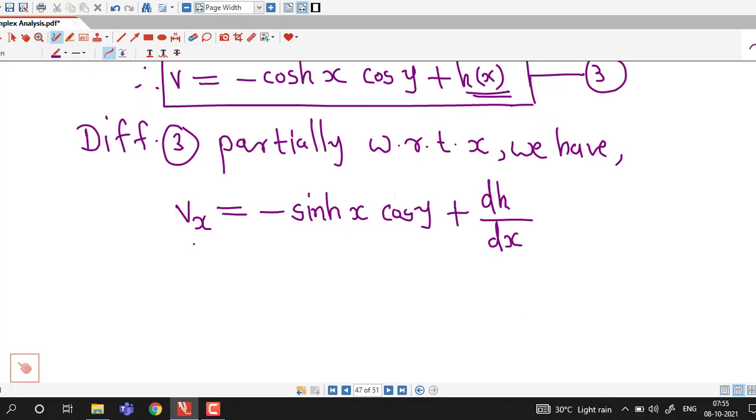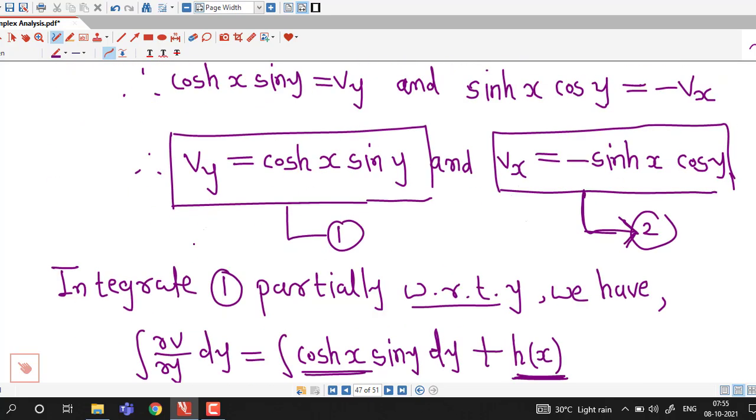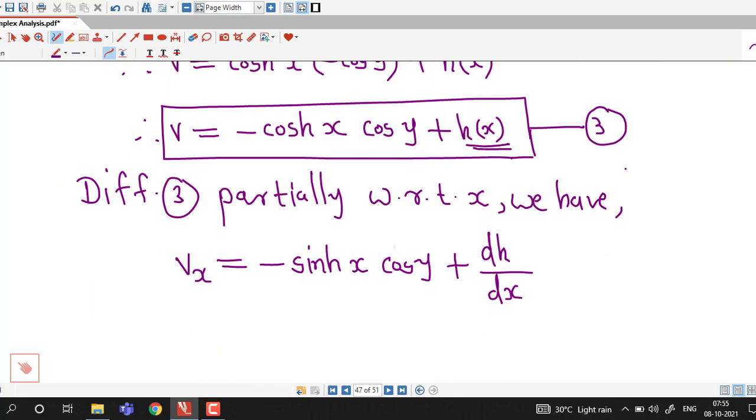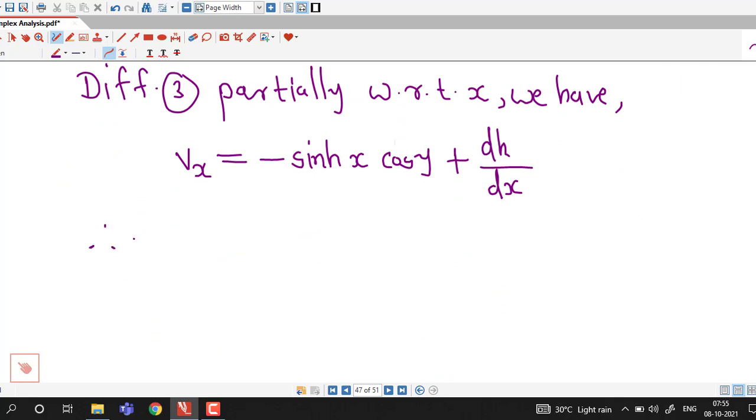So now we can put the value of del v by del x from equation 2. In equation 2 we have del v by del x equal to minus sin hyperbolic x into cos y. So we write here minus sin hyperbolic x into cos y.